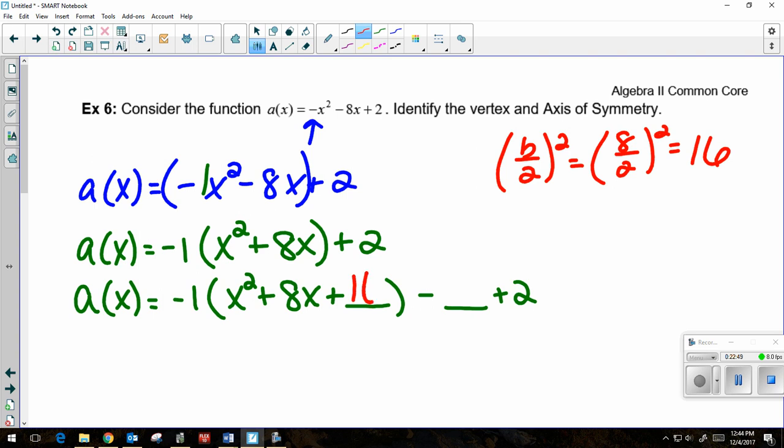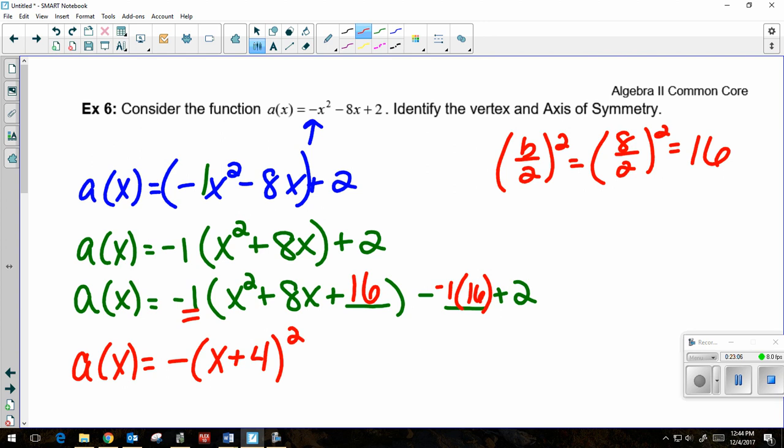So that's what goes inside the first blank space, and then the next one is -1 times 16, because remember there's this -1 on the outside. So a of x equals negative, you can put the 1 or you don't have to, x plus 4 squared, because it's half of b, that's the shortcut, and then this whole piece I'm going to put in my calculator.